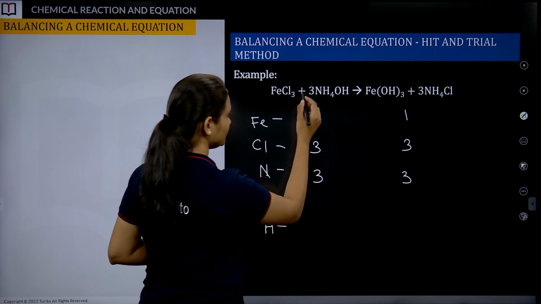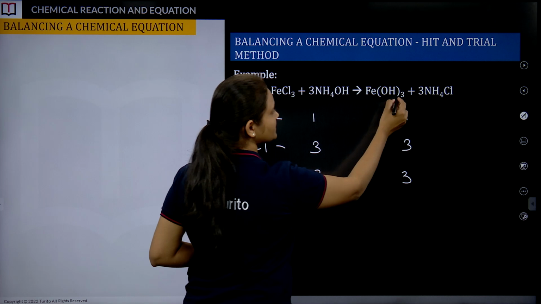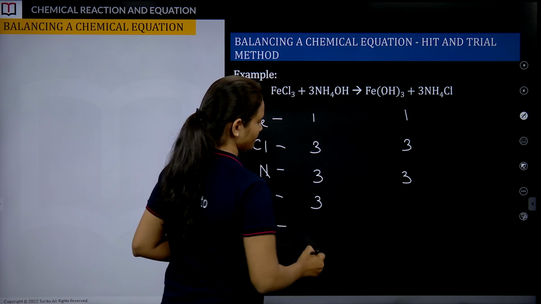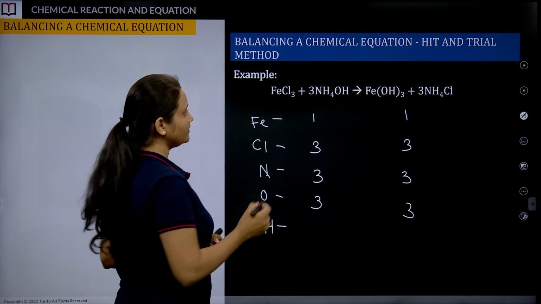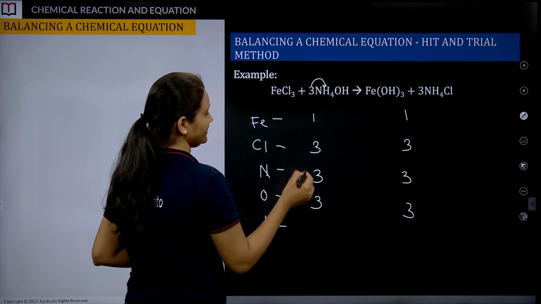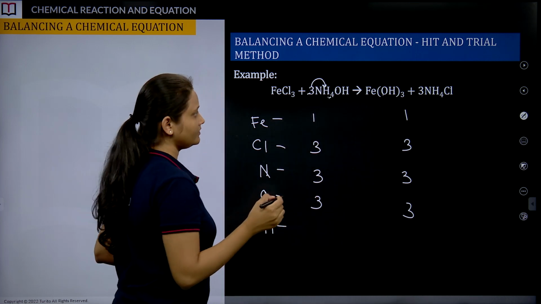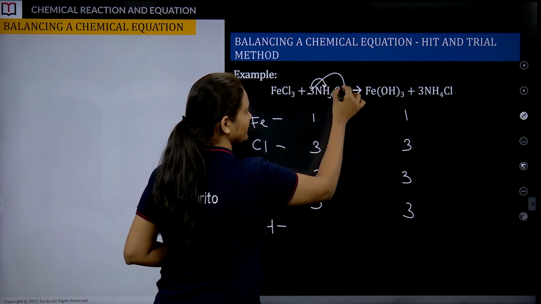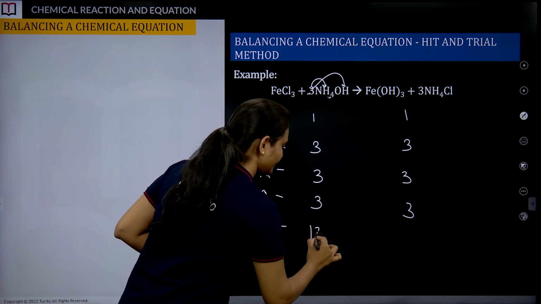So here on the LHS, number of oxygen is 3, there this 3 is applicable for oxygen, which is 3. Okay, here we go for hydrogen. So this 3 is applicable for hydrogen, right? 3 into 4 gets multiplied, 12, and this 3 is applicable for this hydrogen, right? 12 plus 3 is 15.